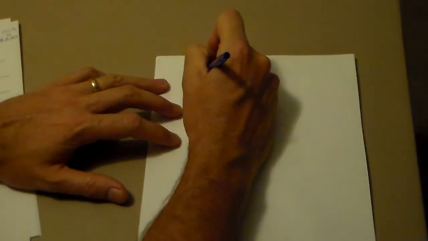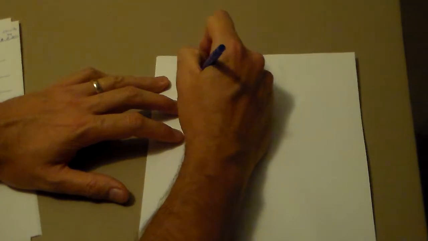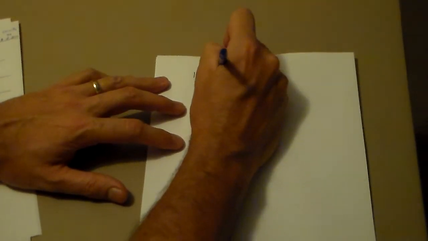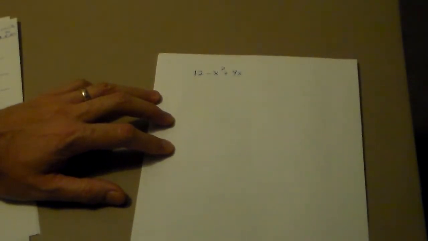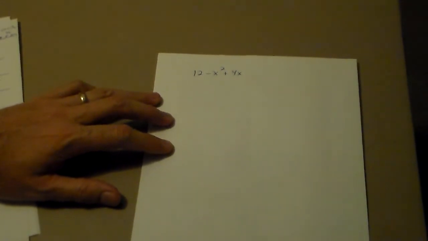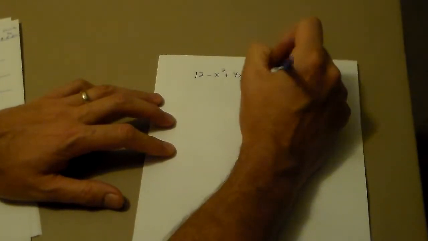All right. So let's say I had this. 12 minus x squared plus 4x. And I ask myself, is that in standard form? And I would quickly say, no, it's not in the right order. If it's in standard form, it's in the right order. I got to rearrange this so it is in standard form.